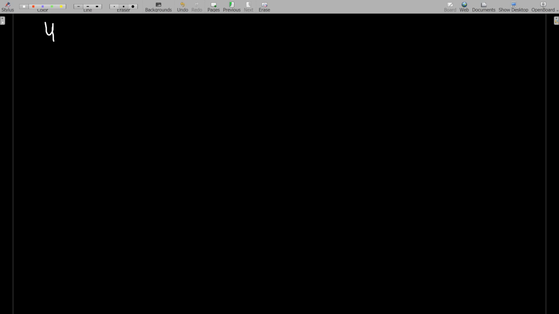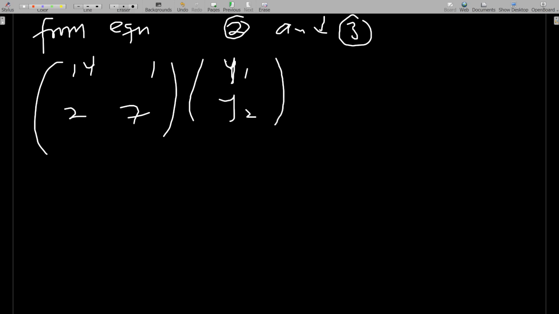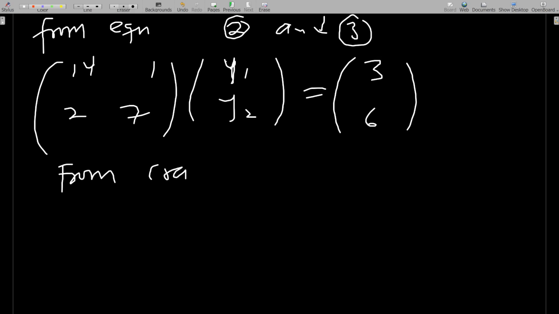From equations 2 and 3, in a matrix form, we have 14, 1, 2, 7, then y1, y2 is equal to 3, 6. So you state the method you are using, Cramer's rule.